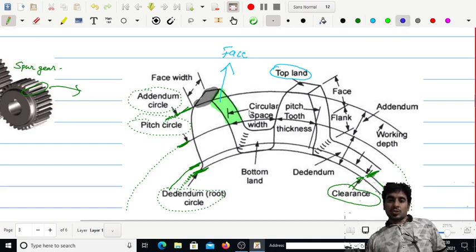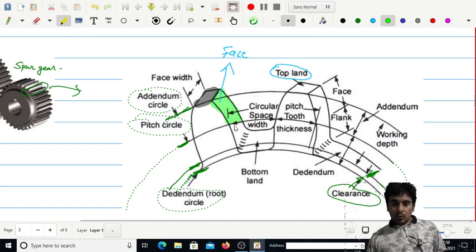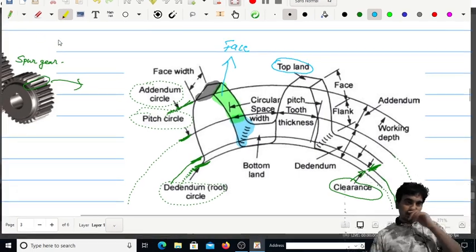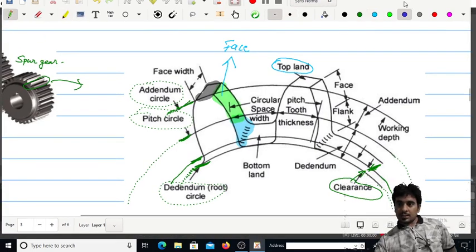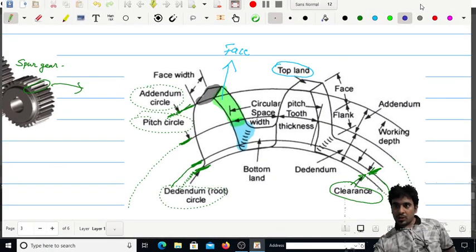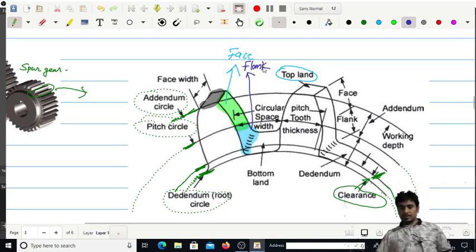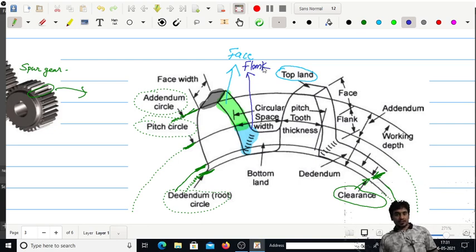And the lower part of the tooth, from the pitch circle to the dedendum circle of the tooth, is called the flank.